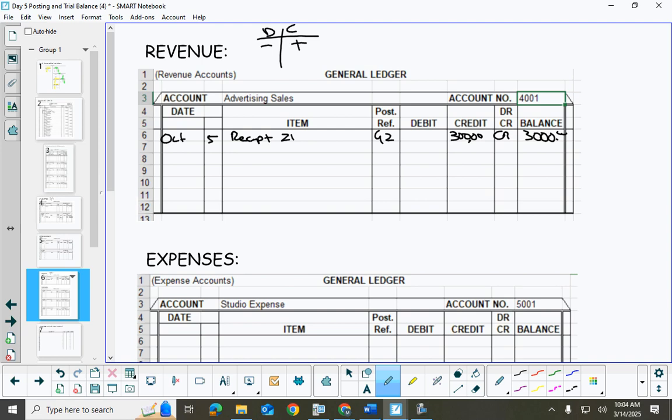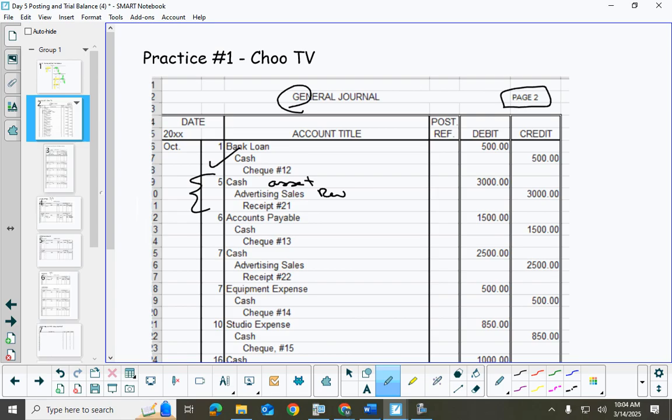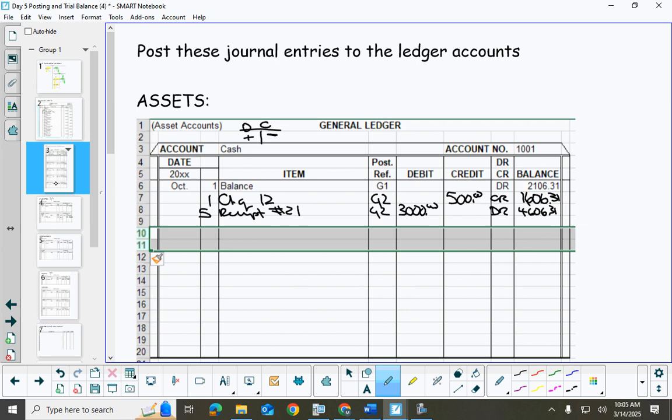Okay. So now I've got that one done. And I would just keep going through, recording all of those. Does that make sense? Okay. So let's pretend we did that, because I don't want to do all of them. But do you understand what you're doing, right? You're just taking those accounts and creating a running balance. So once you've done all the transactions going through, you are going to have a final balance.